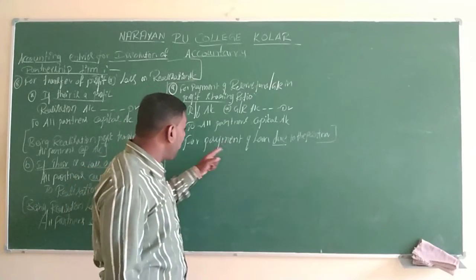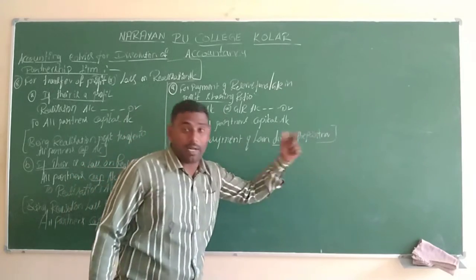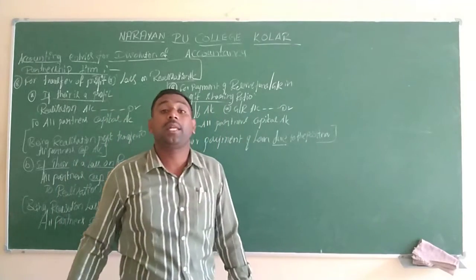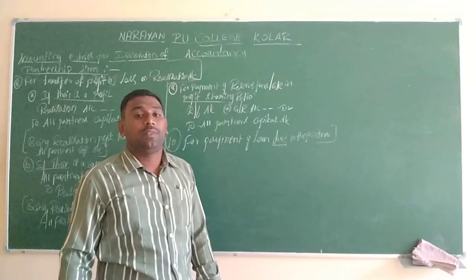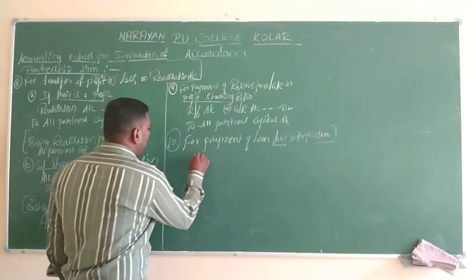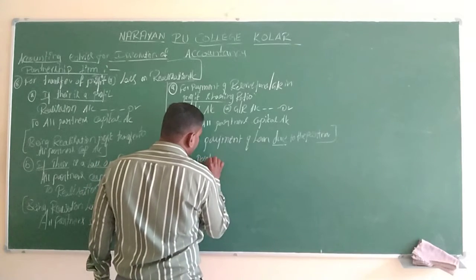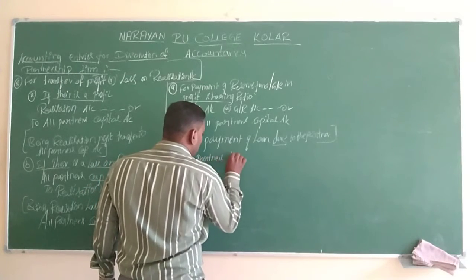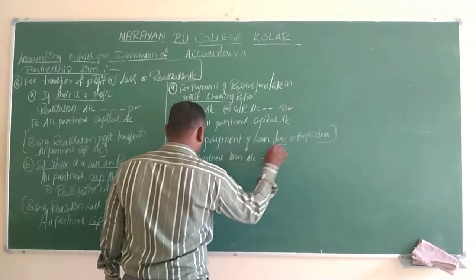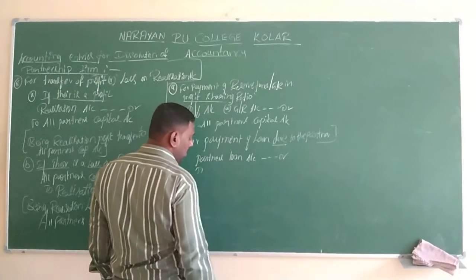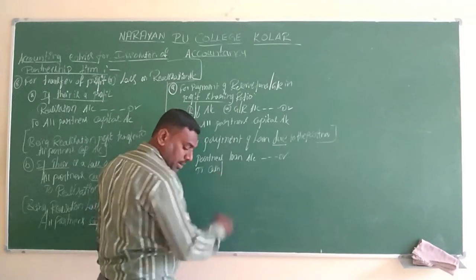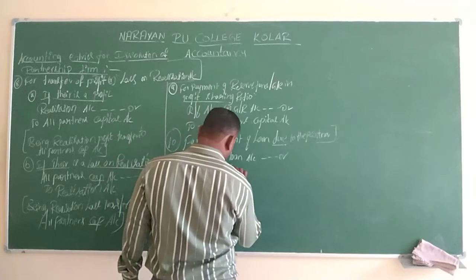So for payment of loan due to the partner, if the company owes a particular partner in the name of a loan, the journal entry is: partner's loan account debit, to cash or bank account.